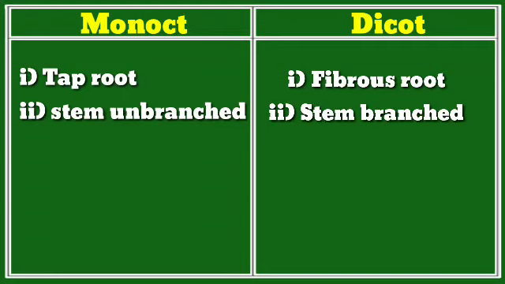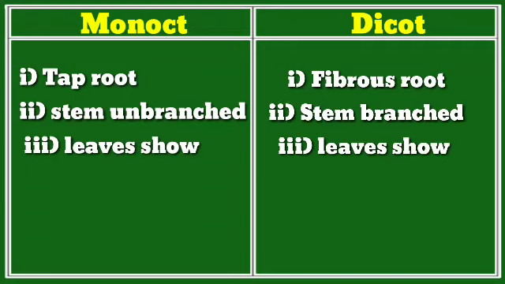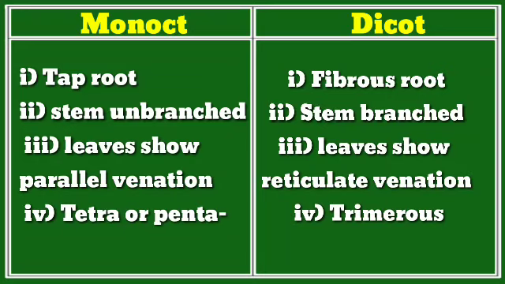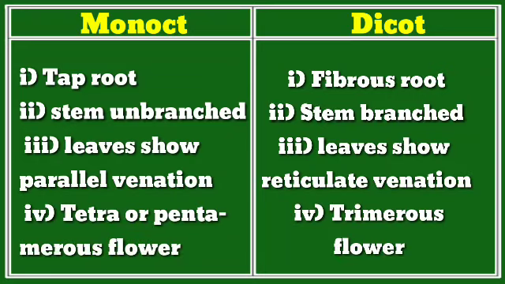First, monocots have fibrous roots and dicots have taproots. Second, the stem of monocots is unbranched and in dicots it is branched. Third, in monocots leaves show parallel venation and dicot leaves show reticulate venation. Fourth, in monocots trimerous flowers are there and in dicots tetra or pentamerous flowers are there.